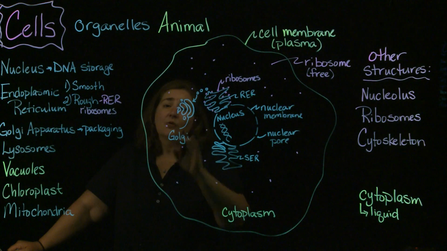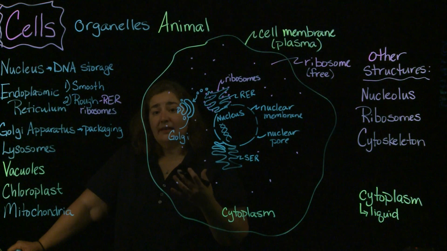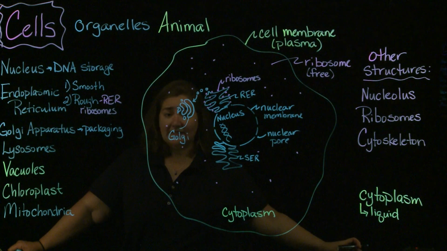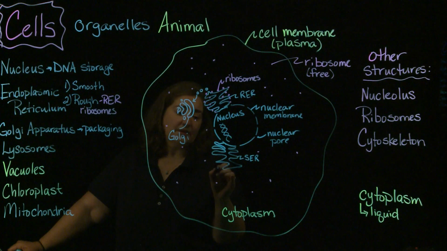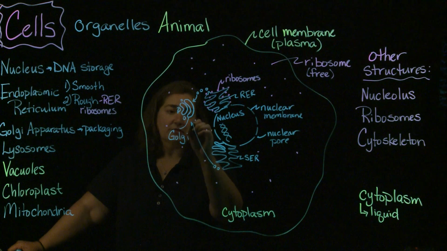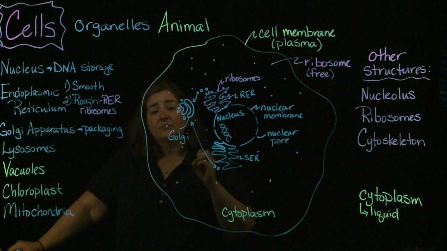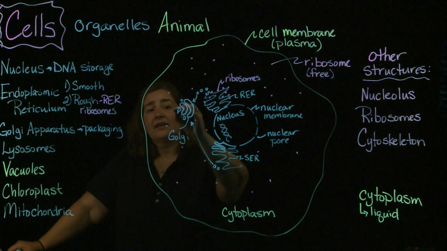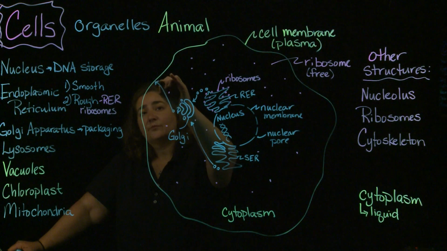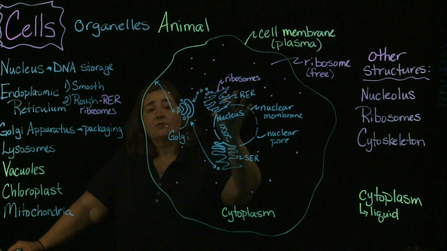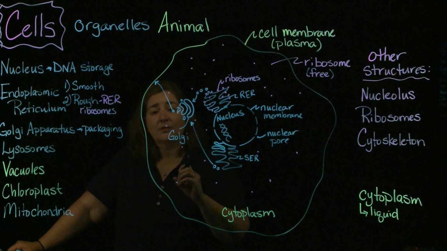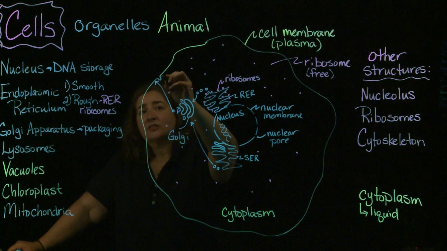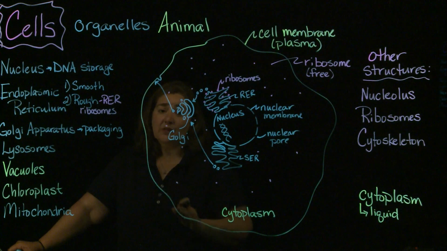All right? So I kind of think of the Golgi apparatus a bit like the post office of a cell, because it sorts out what comes in, and it'll sort out things also that come from the smooth endoplasmic reticulum as well. Okay? So it'll receive packages from the endoplasmic reticulum, sort them out, and then send those where they need to go. One place that those proteins made within the rough endoplasmic reticulum may need to go is to our cell membrane, because we're going to need to replenish the cell membrane.